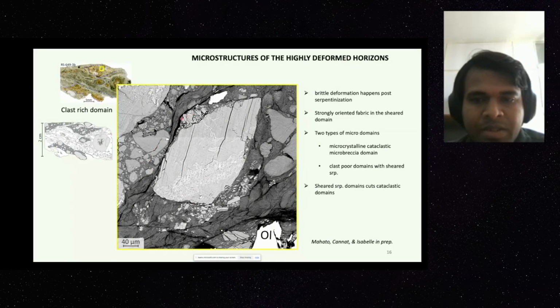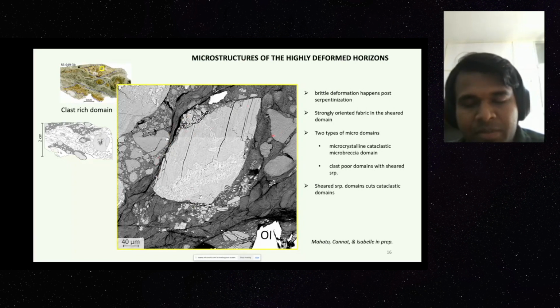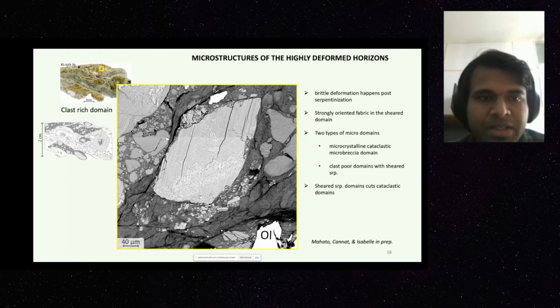And once these micro sheared horizons are created, they promote further strain localization after the process of brecciation. And with progressive deformation, these micro sheared horizons would likely become millimeter-scale shear zones like this, with islands of clast-rich areas remaining behind.